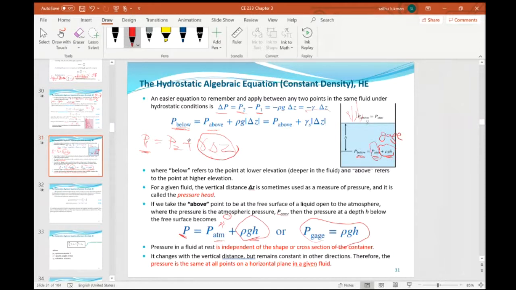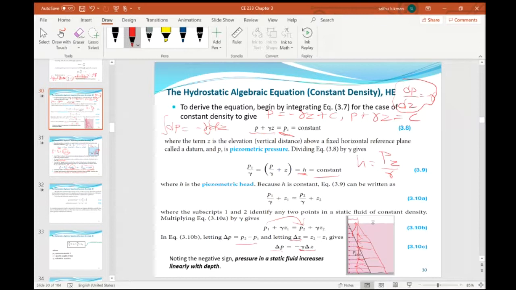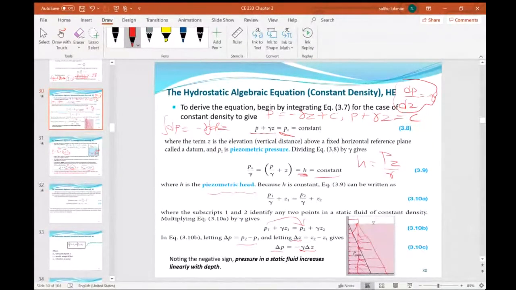So for a fluid, the vertical distance is sometimes called the pressure head. Here we have H, which is the piezometric head, which is the sum of the pressure head, which is also the vertical distance, and the elevation head.